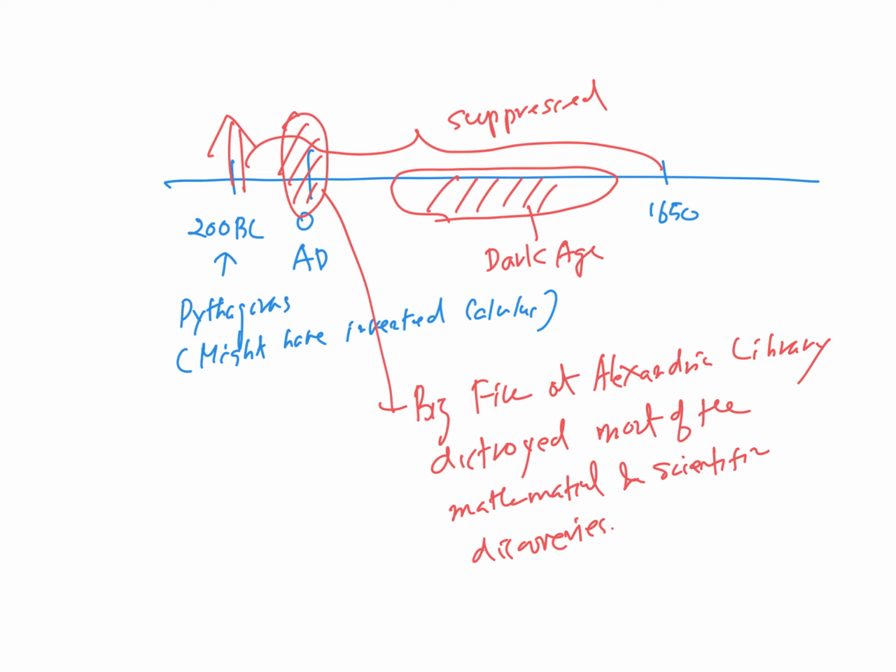So you can imagine that if the Industrial Revolution had happened maybe 1,500 years before now, then many things could have happened. That's a bit of a sad story.